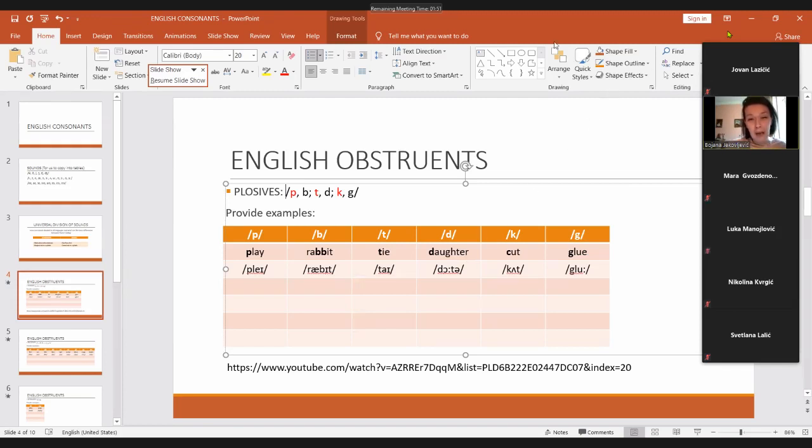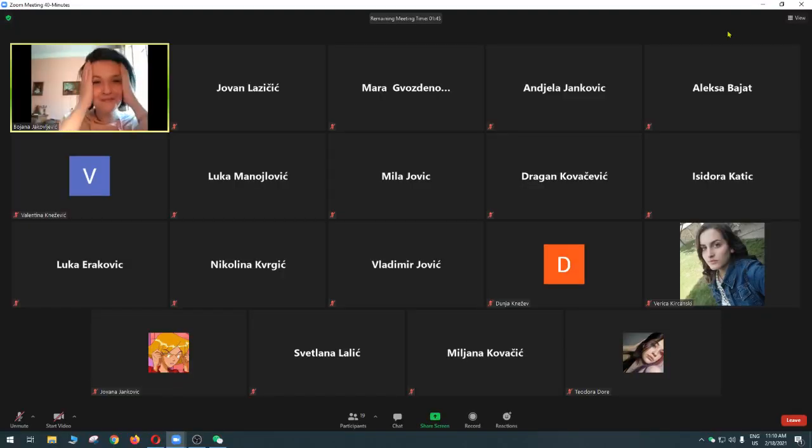Exactly. And what is aspiration? How would you define aspiration? So we have a complete contact, complete closure of the obstacle. The air is compressed, then we have explosion, and then something happens after explosion in English.